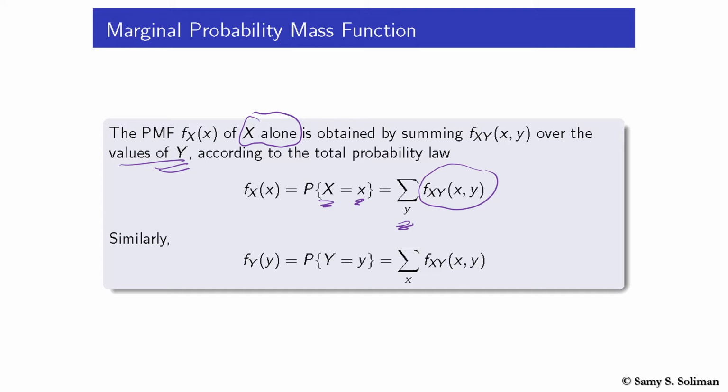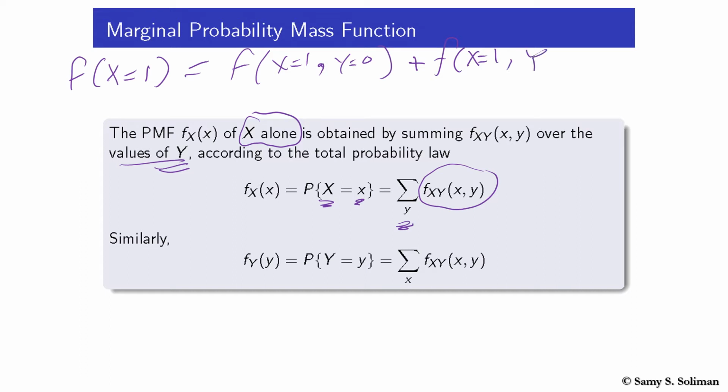what we want to calculate irrespective of the value of y, which means, for example, if we want to calculate the probability that x takes a value equal to 1, and let's think of it in terms of the previous example. So it is the probability that x equals 1 while y equals 0, or the probability that x equals 1 while y equals 1, or the probability that x equals 1 while y equals 2.